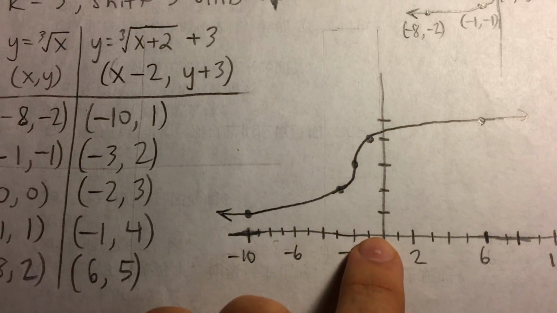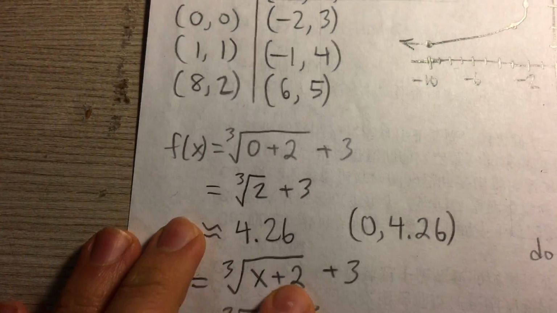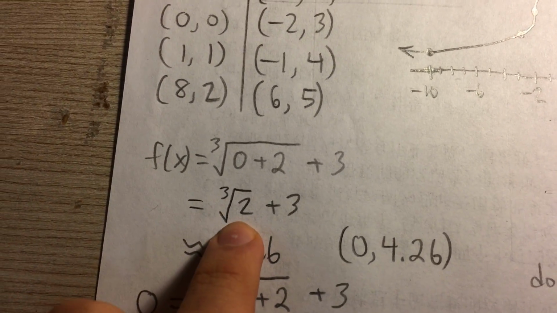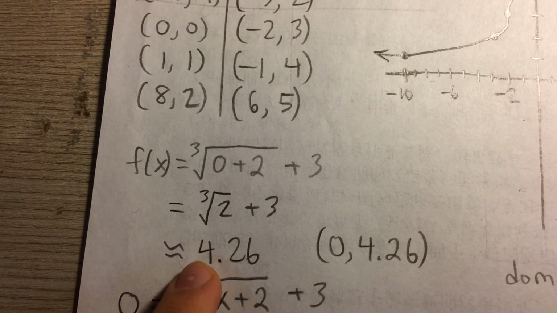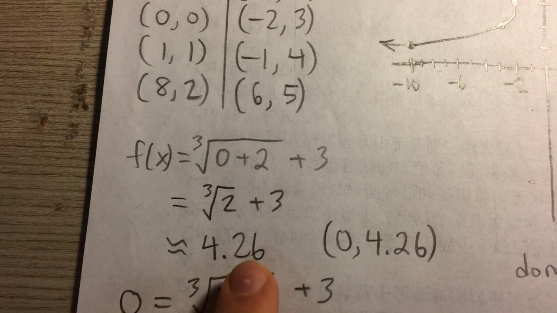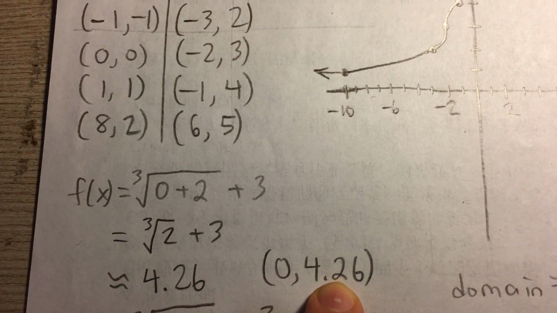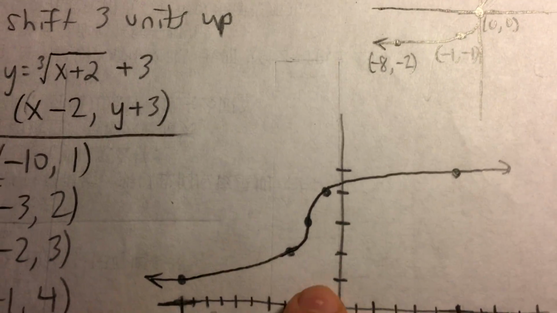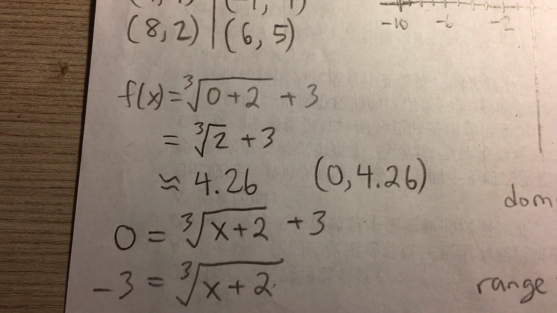They're the same thing. Here I get the cube root of 2, plus 3, which, if you plug it into your calculator, is approximately 4.26. So when x is 0, y is 4.26, and you can see 1, 2, 3, 4, it's around there on my sketch.